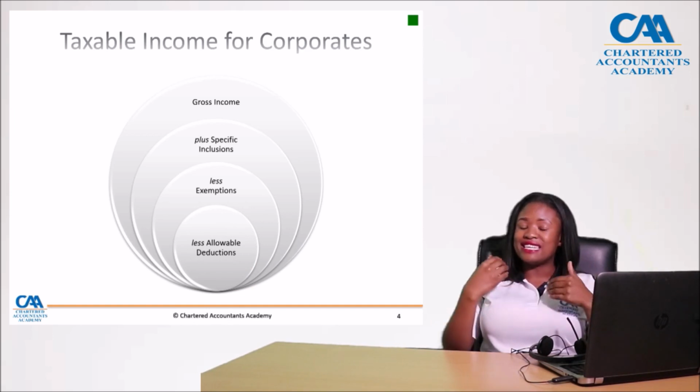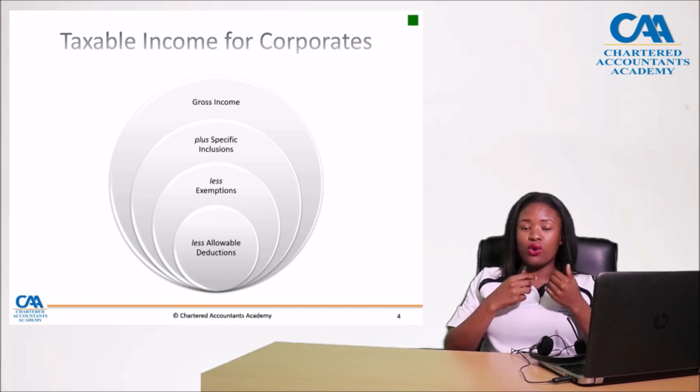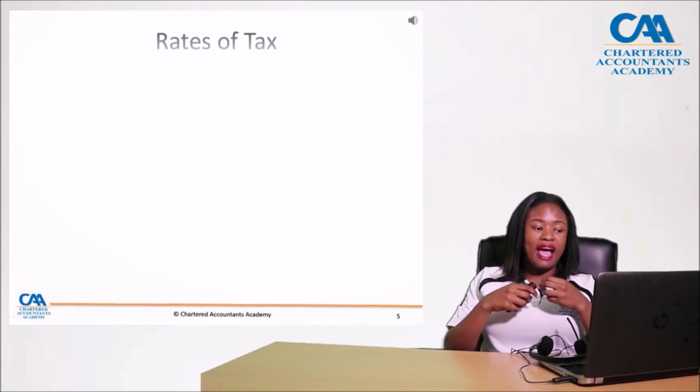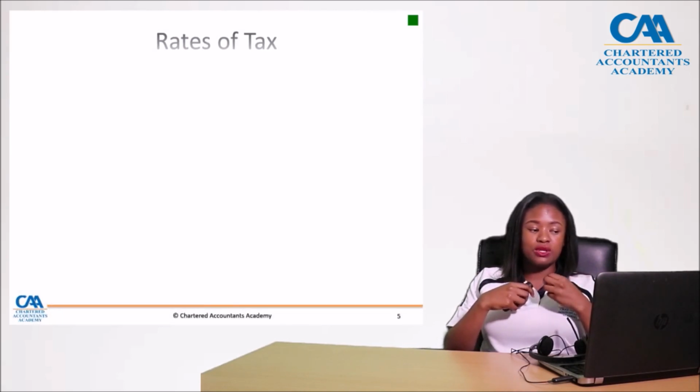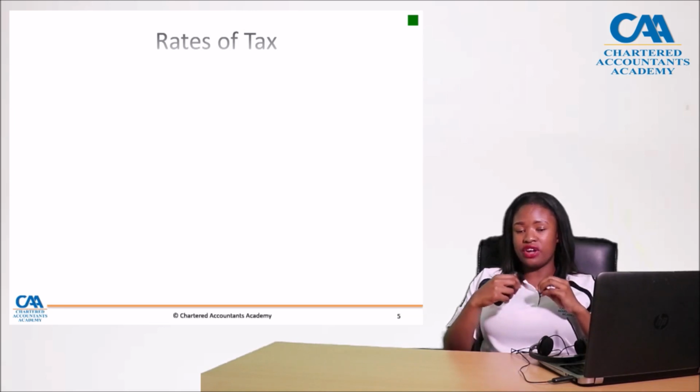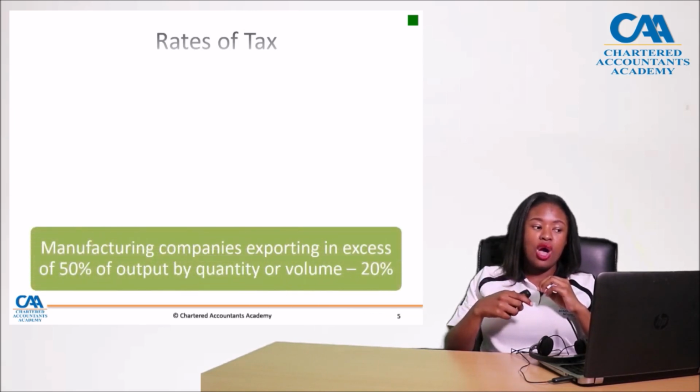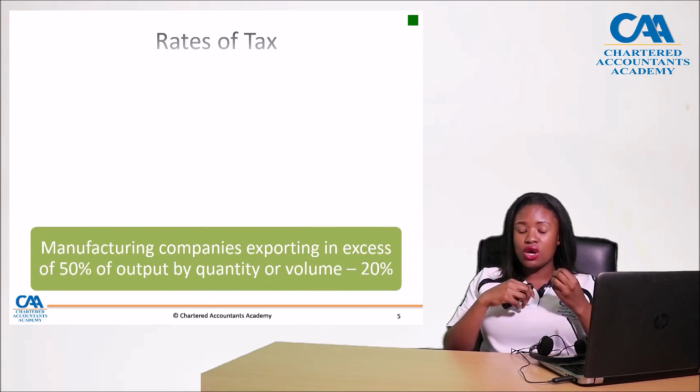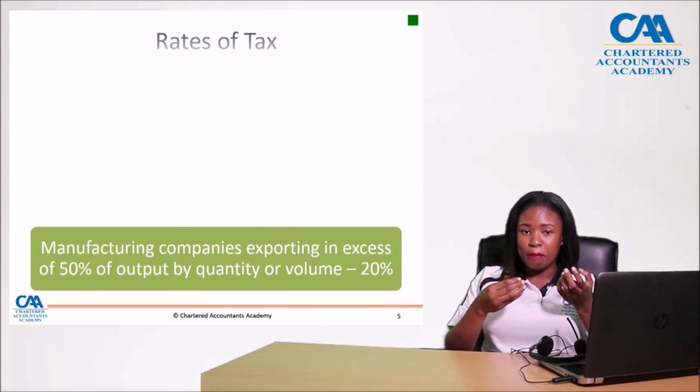For the rates of tax that are available for any corporate, first of all, we have manufacturing companies exporting in excess of 50% of their output. They are taxed at a rate of 20%. We have pension funds which are exempt from being taxed.